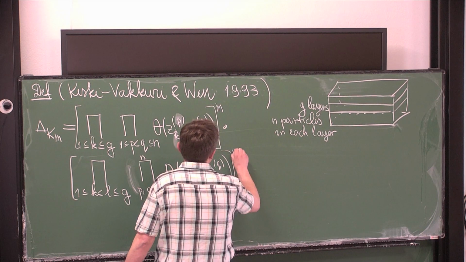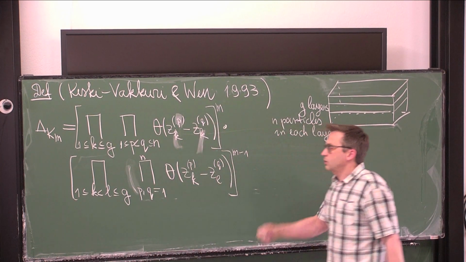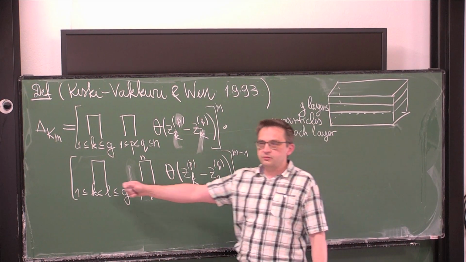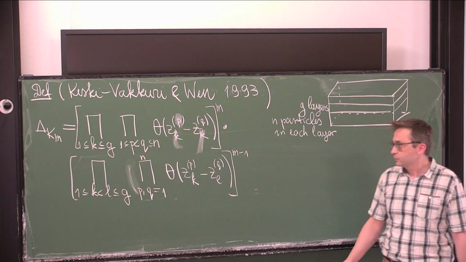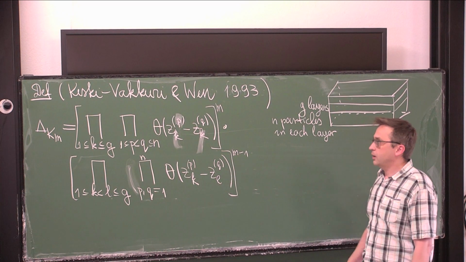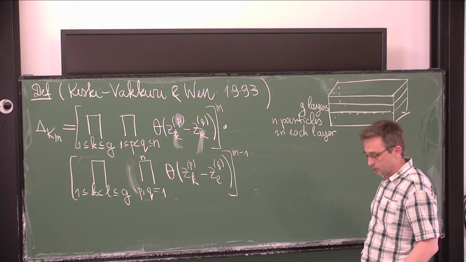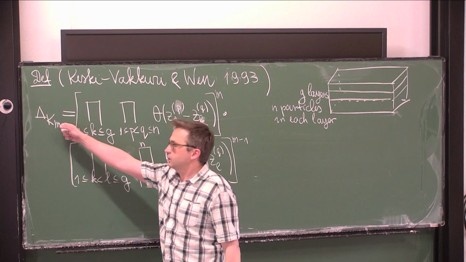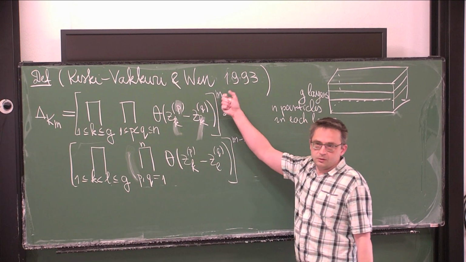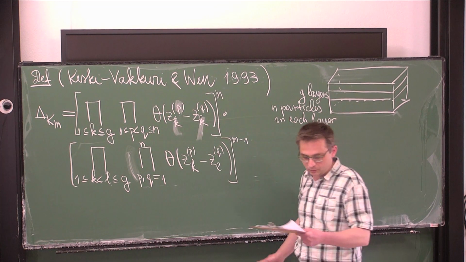Now I'm going over different layers and through all particles in each layer, and it is my generalized discriminant. For general matrix K, it will be analogous but even more heavy.